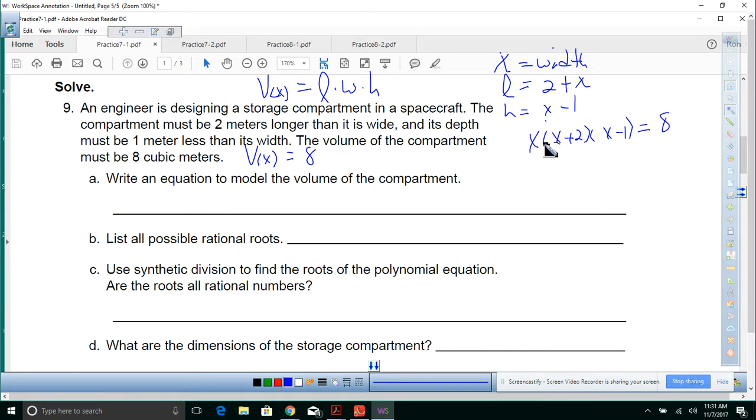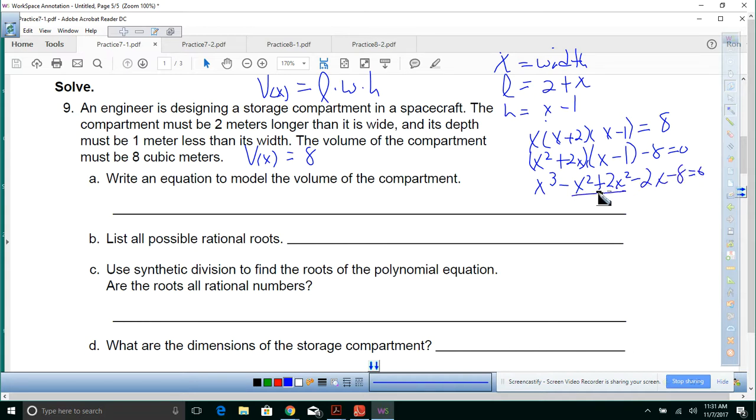All right, so x times x, that's x squared plus 2x times x minus 1. And then we'll subtract 8, minus 8 equals 0. And then x squared times x, that's going to be x cubed minus x squared. And 2x times x would be plus 2x squared minus 2x minus 8 equals 0.